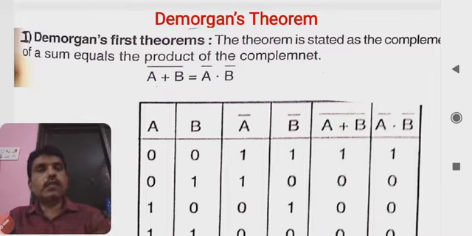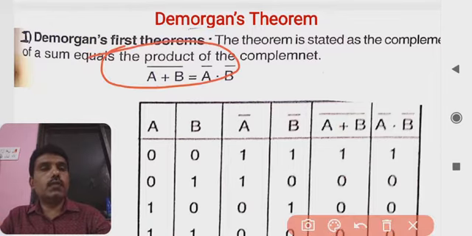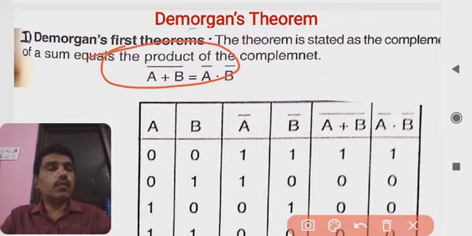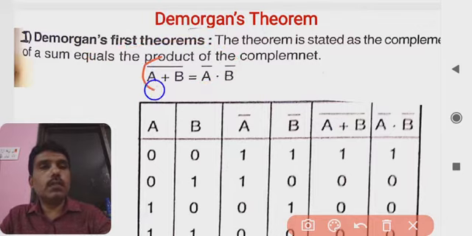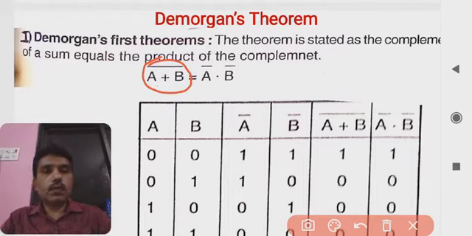If you look at the left hand side, it is the complement of a sum. The word complement is used first, but what complement? The sum's complement. And what is the sum here?